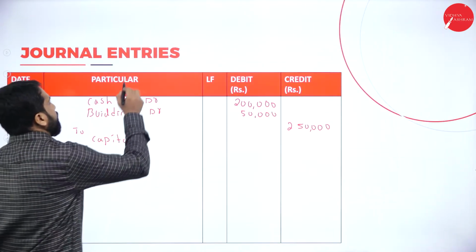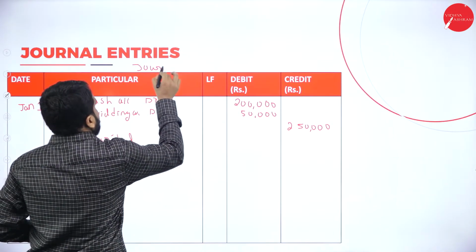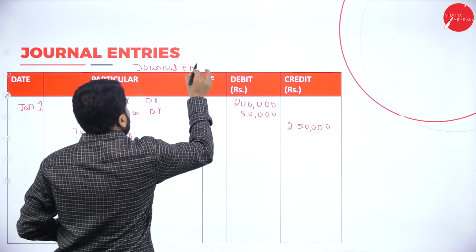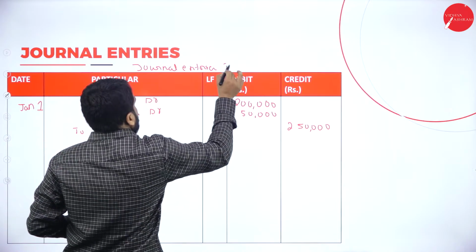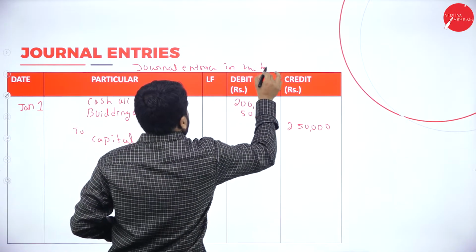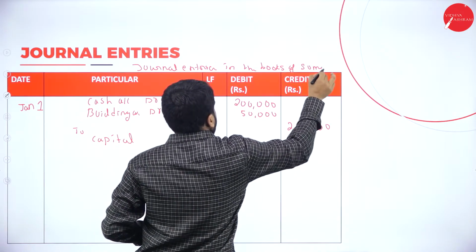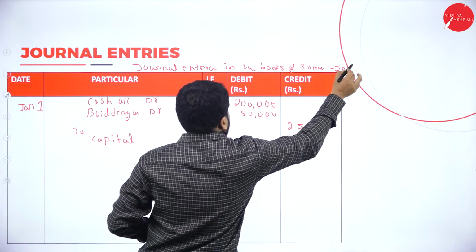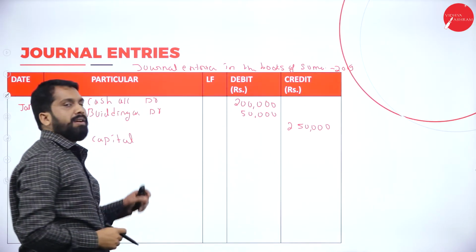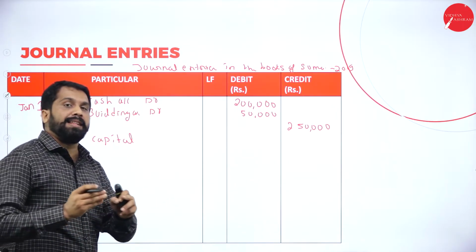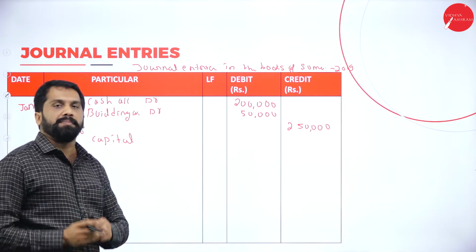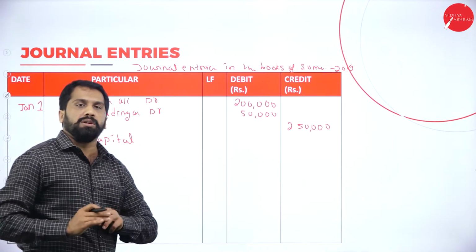You should write journal entries in the books of Suma for 2019. This is compulsory. You have to write the heading. Later you need to start your problem. Clear? Any doubt? No doubt.